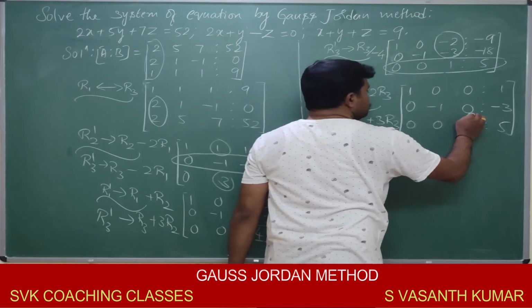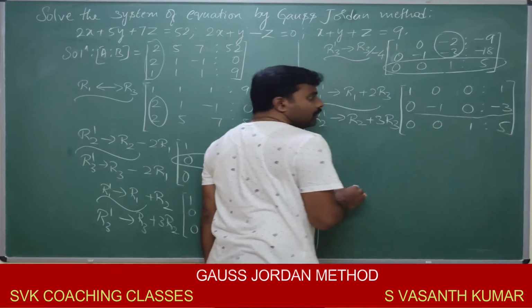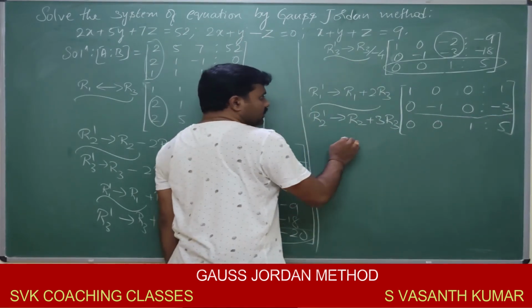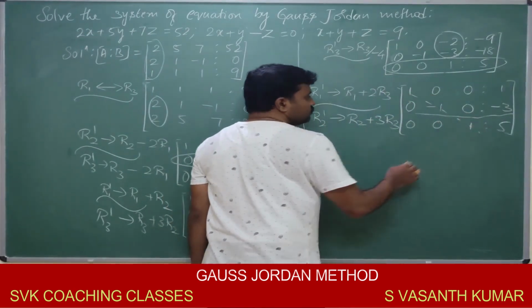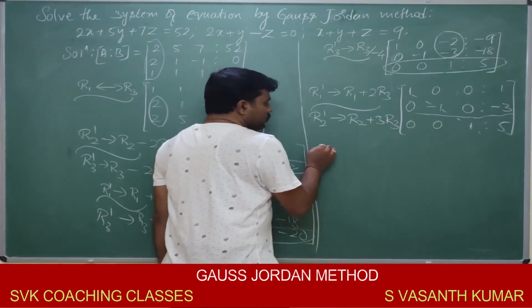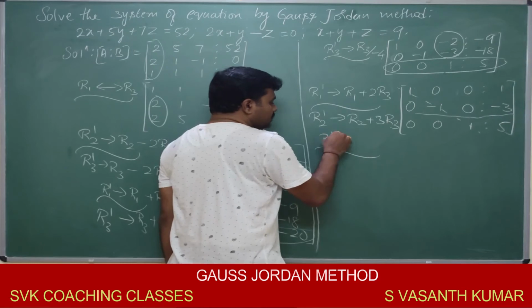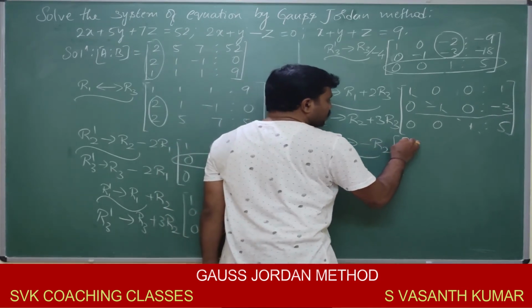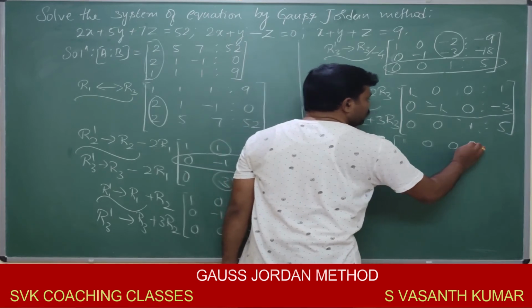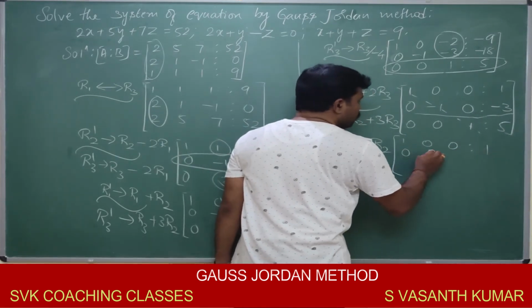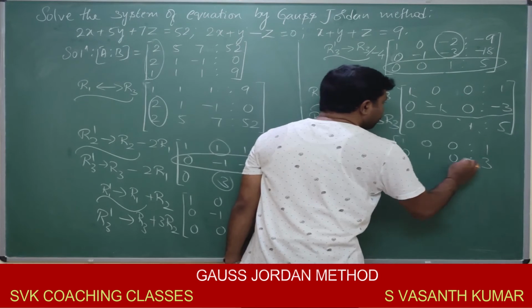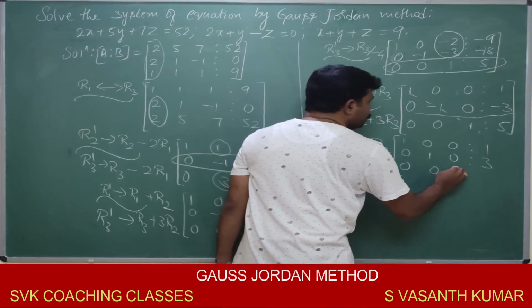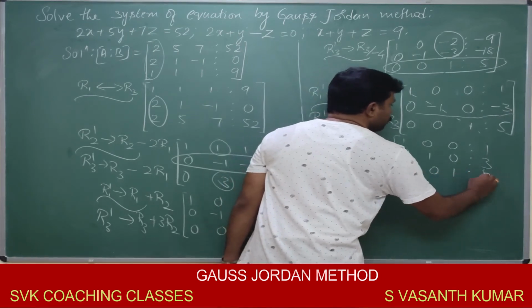Now multiplying this row by a minus sign, to get the diagonal elements as plus 1, 1, 1. So R2 dash changes to minus R2. This is nothing but 1, 0, 0 equal to 1; 0, 1, 0 equal to 3; 0, 0, 1 equal to 5.